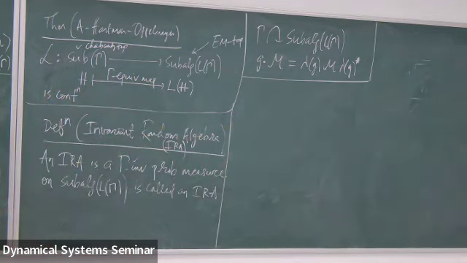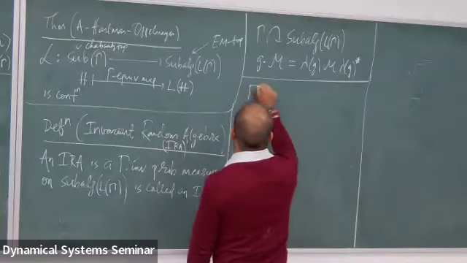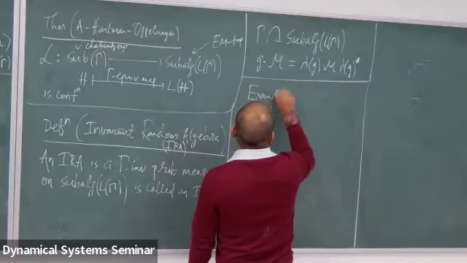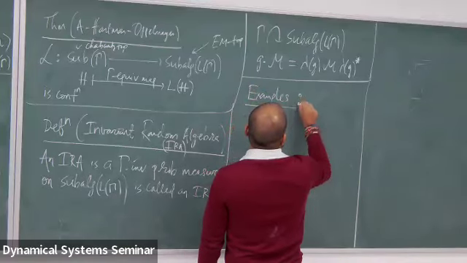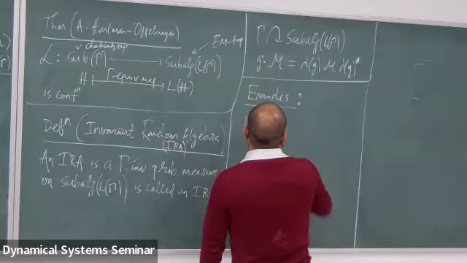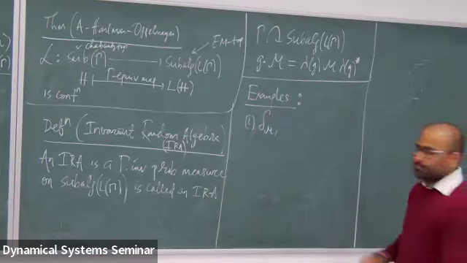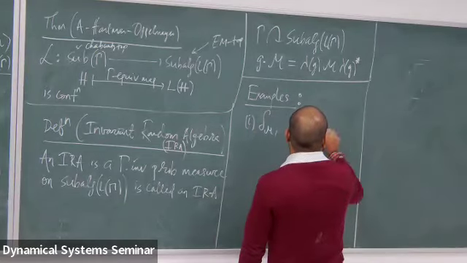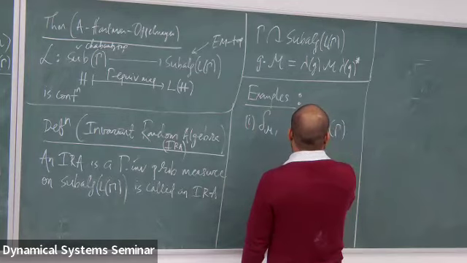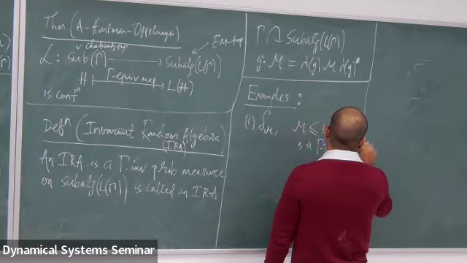So let me give some examples here. Again, I can look at delta measures on M, where M inside L gamma is a gamma invariant subalgebra.